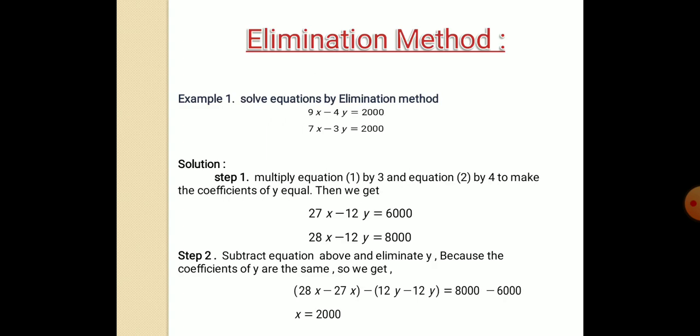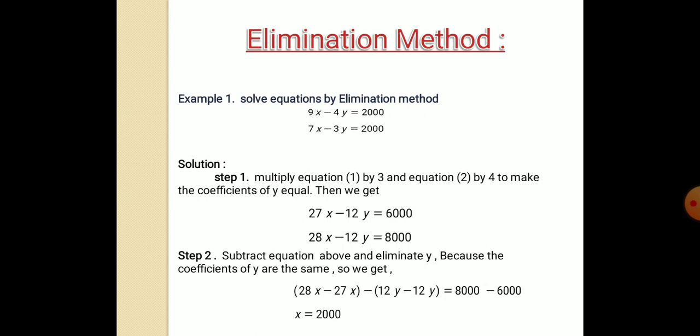Elimination method. Example 1. Solve the equations by elimination method: 9x minus 4y equal to 2000, 7x minus 3y equal to 2000. Solution. Step 1. Multiply equation 1 by 3 and equation 2 by 4 to make the coefficients of y equal.